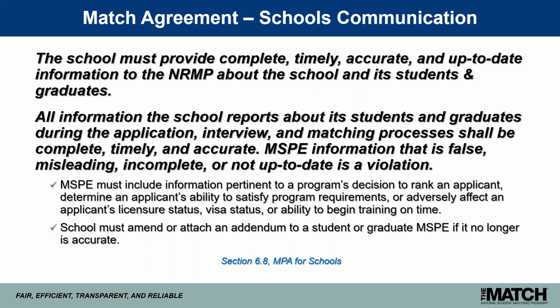That may mean an addendum to an MSPE that's already been submitted, or updates to an MSPE that may be currently under development, so that programs have the best and most accurate information when considering an applicant's candidacy. You can find more specific language at section 6.8 of the match participation agreement for schools, but we really want to make sure that the dean's letter provides good information to programs.